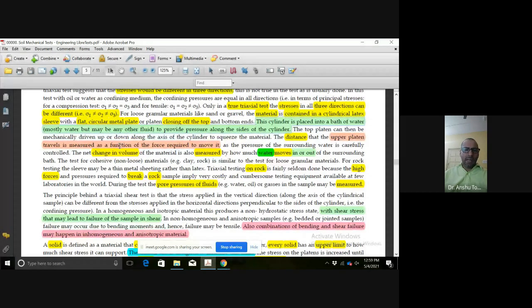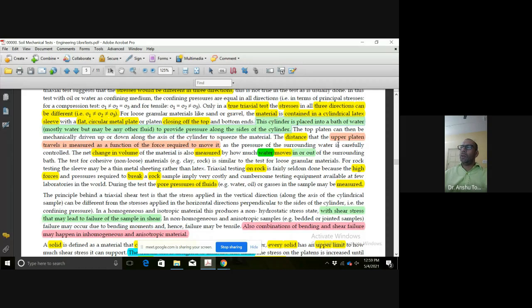This line is very important: the distance traveled by the hydraulic jack as we apply pressure from the top is calibrated as a function of the force required to move it. That means the distance it travels is automatically fixed in the instrument according to how much force we are applying. So force divided by the area of the sample gives us the vertical stress.